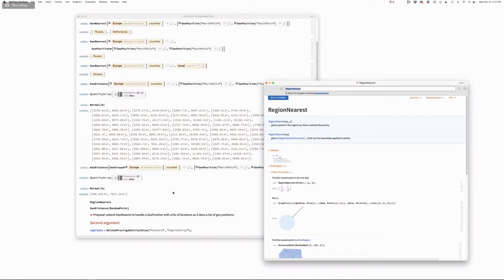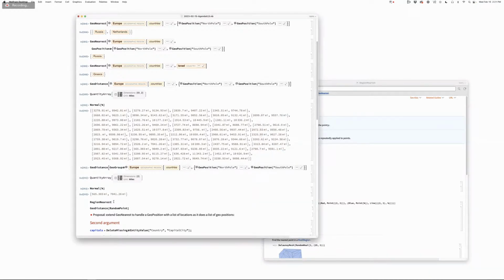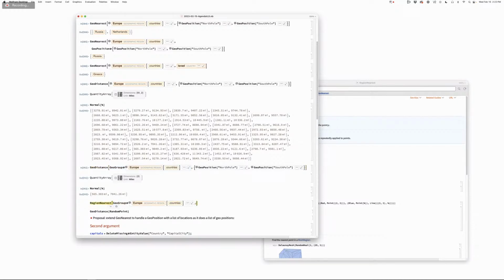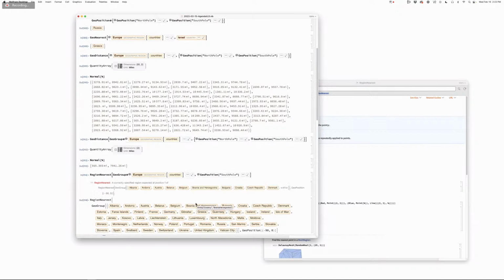So in a sense, would RegionNearest itself operate on, okay, so which point within a region? So that's GeoGroup of this. So would this just work? I'm not sure if your region function works with your position.